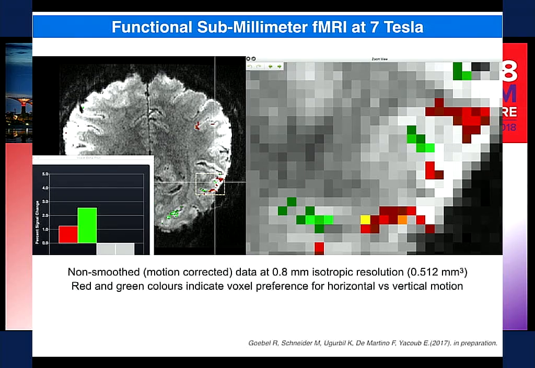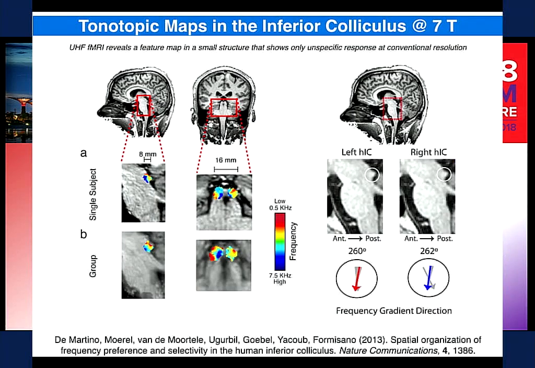But if you do, you again get benefits, like seeing structure you cannot see at 3 Tesla, 2 millimeter resolution. For example, here, this is actually not yet cortical layers, but it's again topography, but now not in the huge V1 cortex, but in a tiny nucleus, the inferior colliculus. This is from an auditory experiment, the same as Svenja Kaspers has shown before in tonotopy.